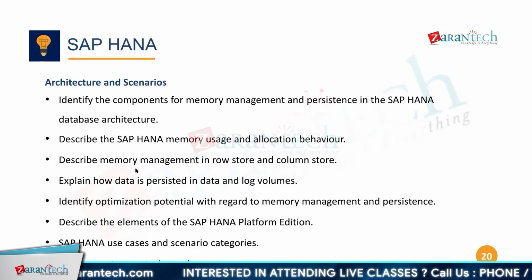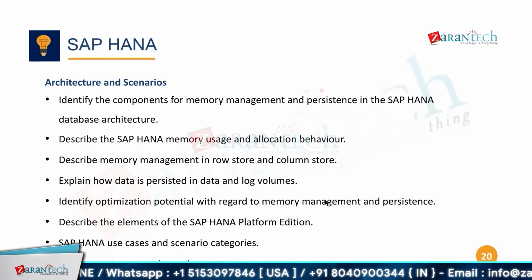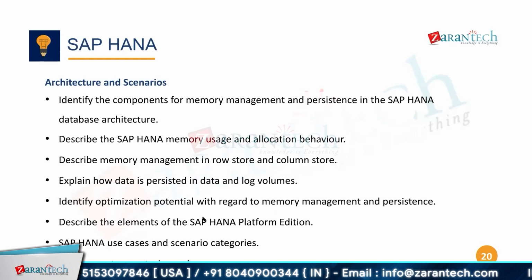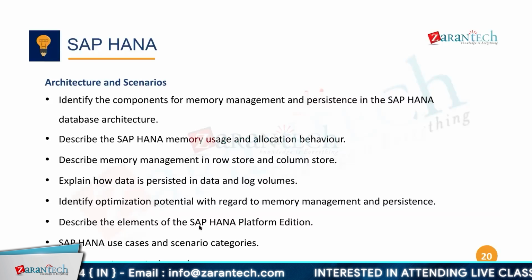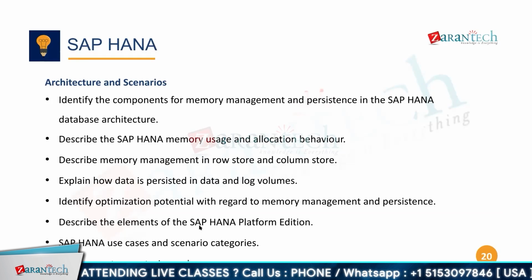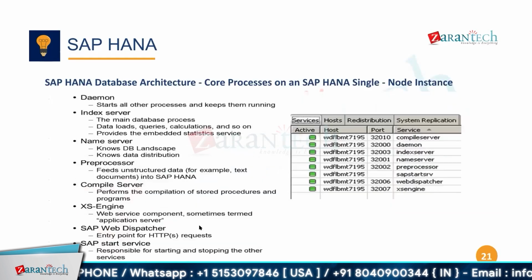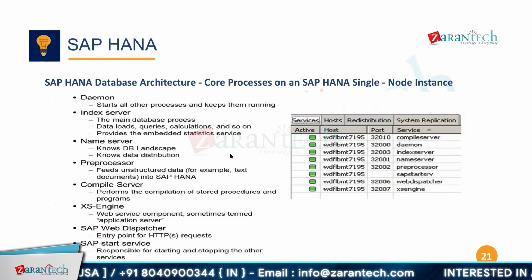Row store and column store, which we discussed already, explain how data is persisted in data and log volume. This is also important, as is identifying optimization with regard to memory management. Then describe the elements of the SAP HANA platform, the deployment overview and integration. There are many third-party applications which are possible to integrate, but we are interested only in database as a service.